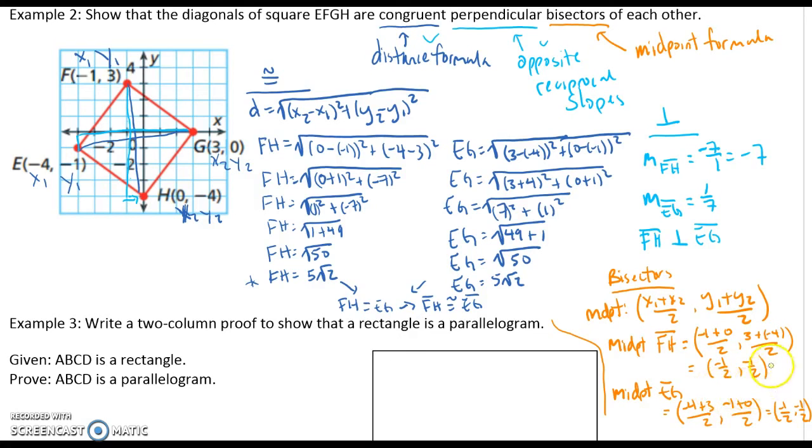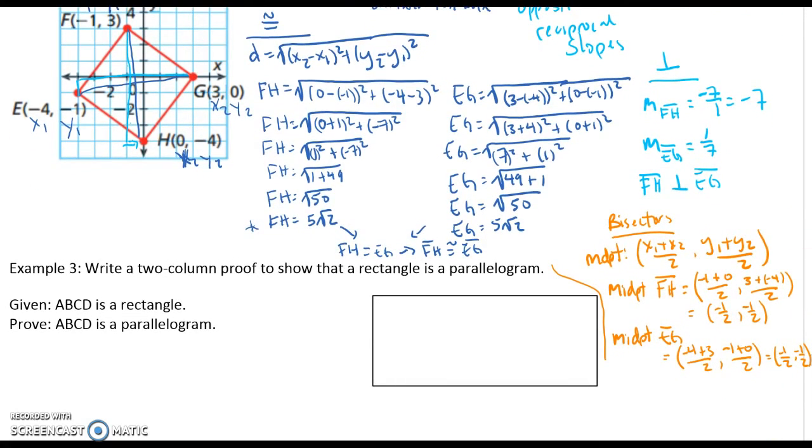And what do you know? We get -1/2 and -1/2 for both of these points. So therefore, we can say that FH and EG bisect each other. And that was the third thing that I need to do, and this is done.